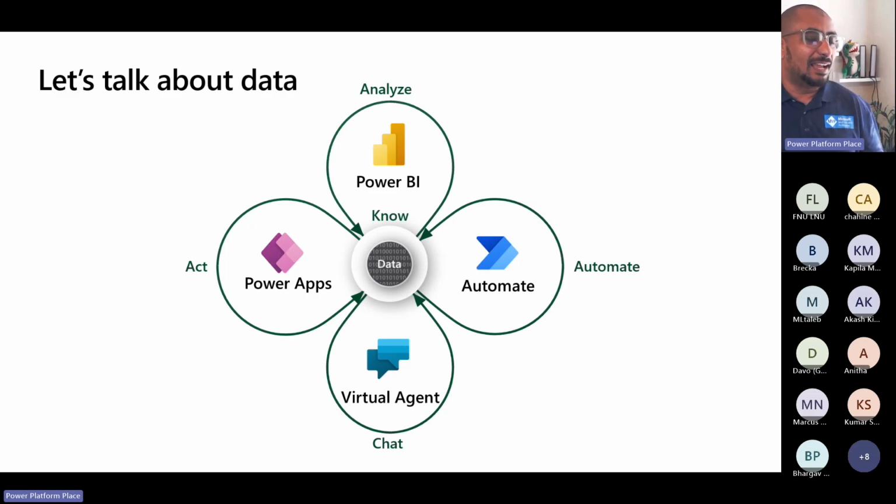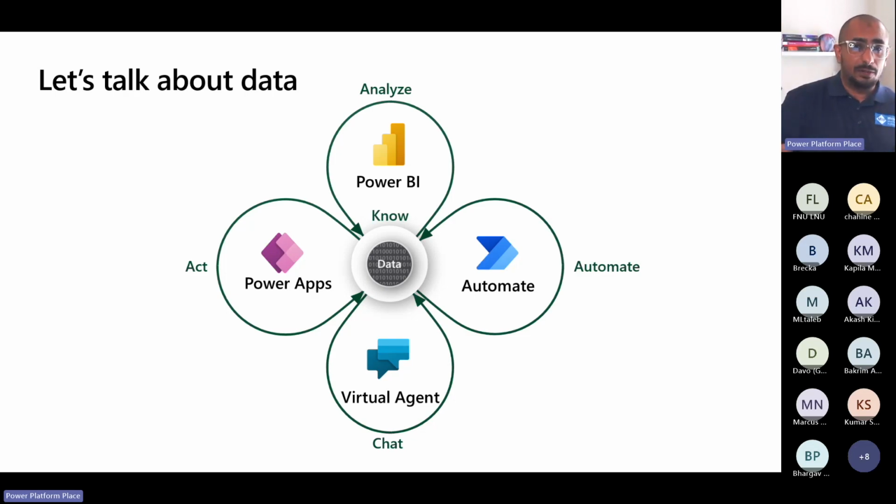But yes, these are the main components. Obviously this all works around data, and that's why data is very important. It's the input, and on top of that we build some kind of application.